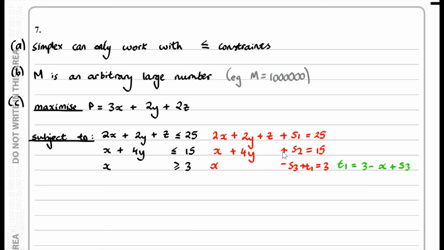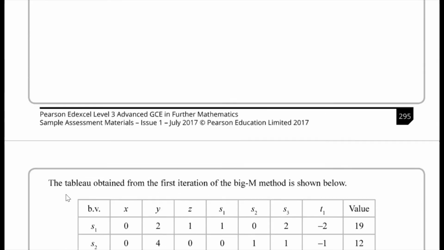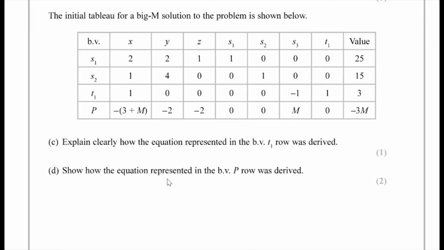Well, that's all we have to do for part C. However, for part D, we have to show how the equation represented in the basic variable row P has been derived.